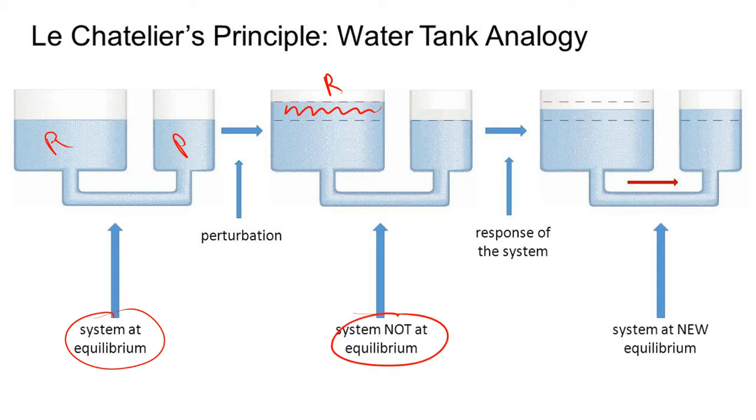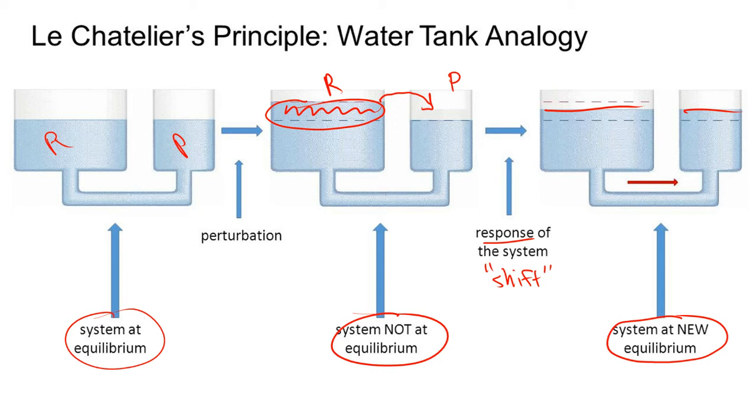Things are not nicely in balance. So the shift, the response, is that some of these added materials are going to need to be shifted to the product side so that we get back to a nice balance. And that's a system that's reached a new equilibrium. We're back to a balance.